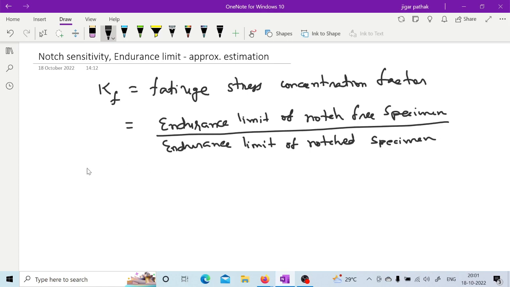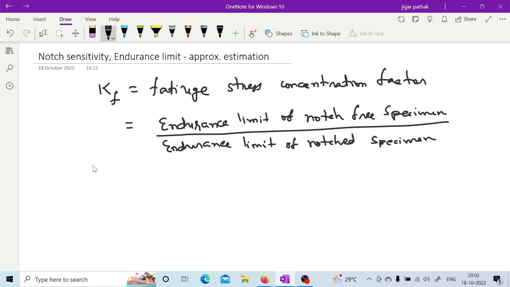Now this is related to the actual material, and it is also affected by grain size. There is a greater reduction in endurance limit when we have a fine-grained material, because fine-grained material will have more stress concentration in comparison to coarse-grained, since fine-grained material has more grain boundaries.